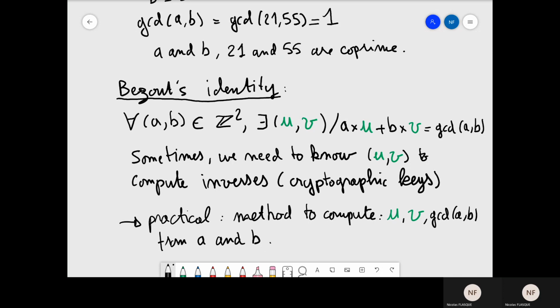So what we've seen before is that we know how to compute the GCD of a and b from a and b.